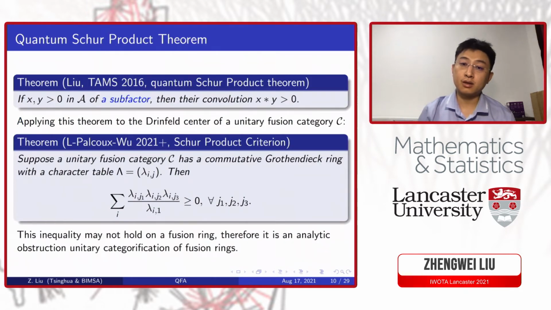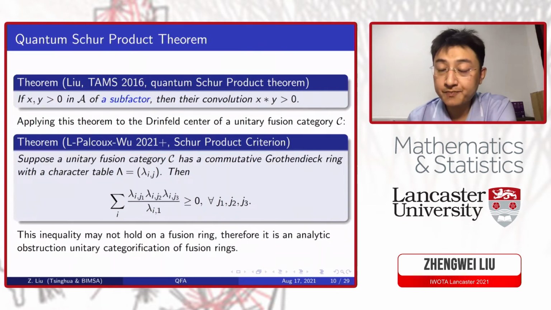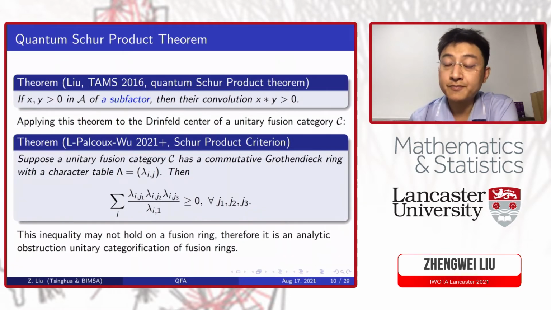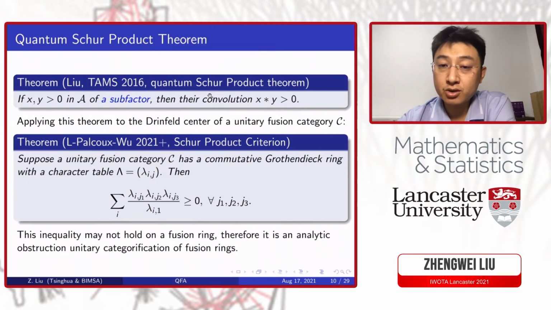So first, as a special case of the Young inequality, it's equivalent to another condition called the Schur product theorem. And in the quantum setting, what it says is that if we have two positive operators, then their convolution is still positive. So why do we call that the Schur product theorem?